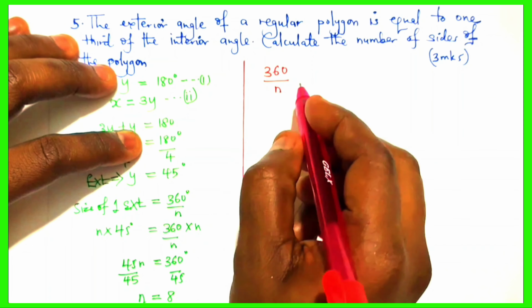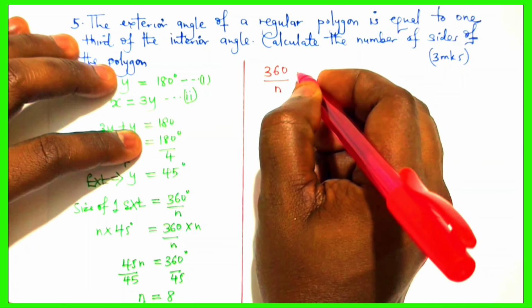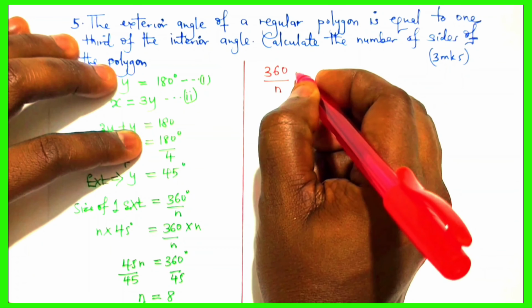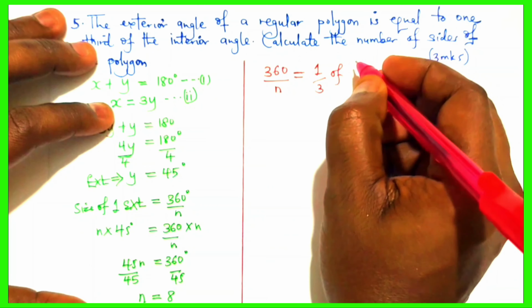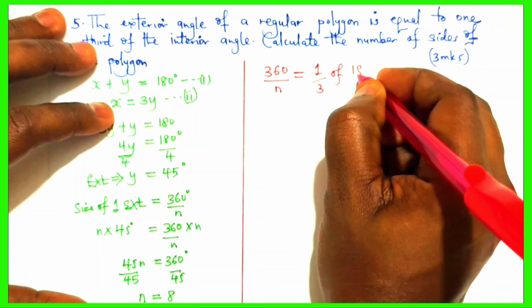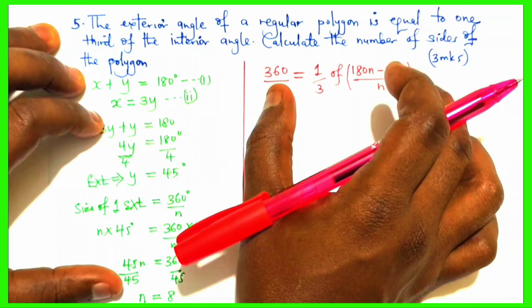So we are being told here that the exterior angle of a regular polygon is equal to 1/3 of the interior angle, and according to law number 3, we've said that the interior angle will be equal to 180n minus 360 degrees over n. So this is the equation that you're having. Now, we use this equation to find the number of sides and we'll get the value of n directly.